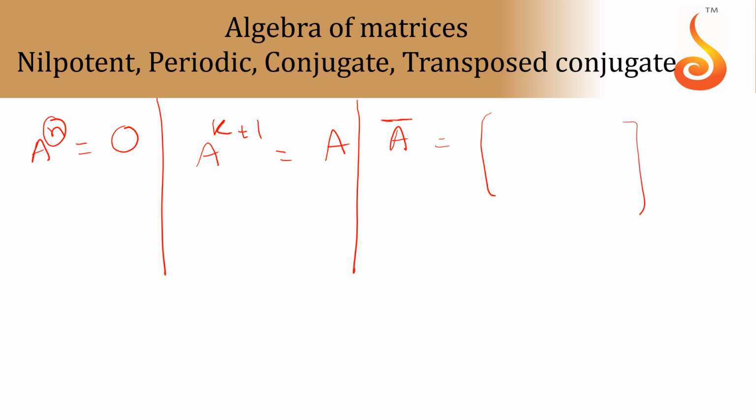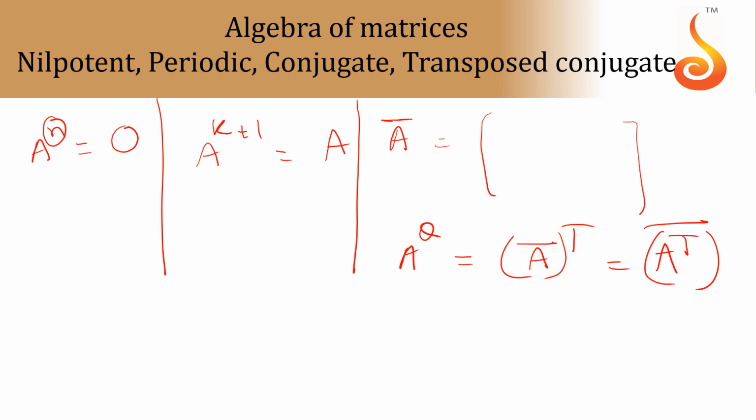If a plus ib is a number, i should be replaced with minus i in any complex number, and you will get its conjugate. So if each number is replaced with its conjugate, you get the conjugate matrix. If you transpose the conjugate matrix, you get the transposed conjugate matrix. Conjugate then transpose is the same as transpose then conjugate. It is denoted by A theta.